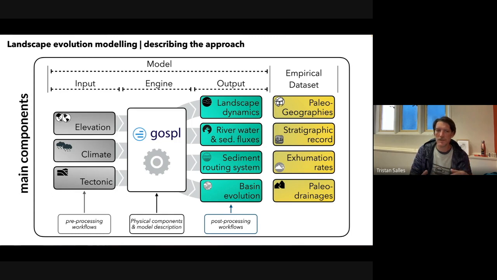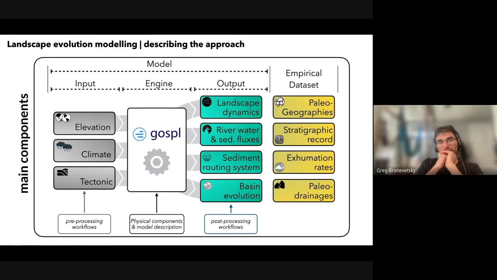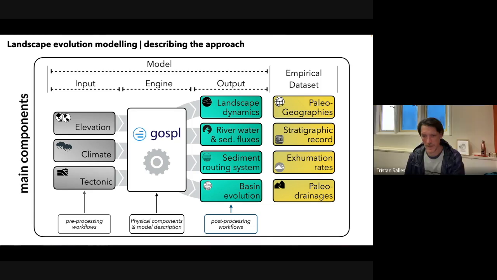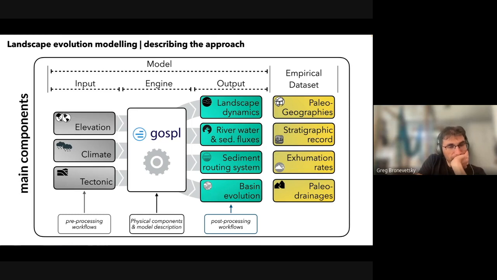The other aspect is, from a better representation of the elevation, can we improve the reconstruction by using downscaling, but also by potentially changing the paleo elevation to better match the empirical data set. Right, makes sense. You're fine-tuning the input to ensure consistency, because once you have a cycle, you have the chance to look at consistency. Exactly. Okay, got it. Thank you.